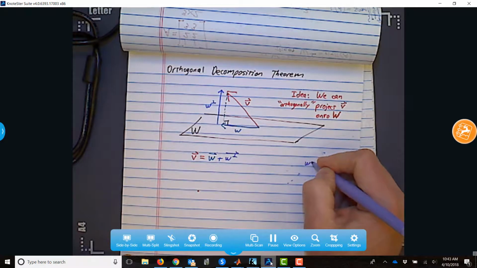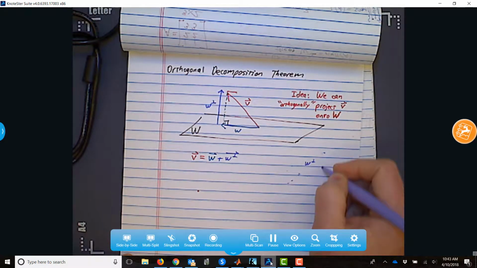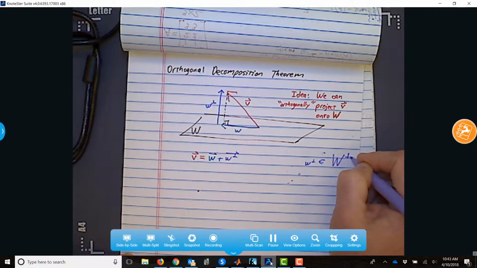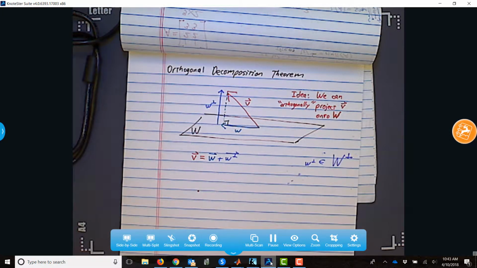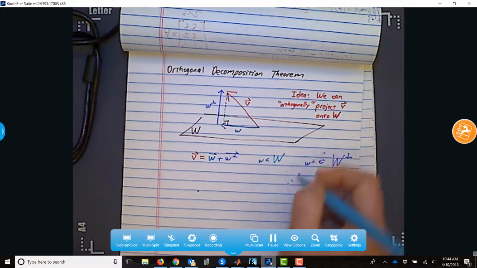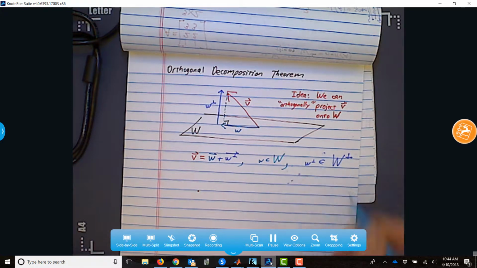Where does little w perp live? Well, it lives in big W perp. And little w lives in big W, in the subspace. So that's kind of the picture of the orthogonal decomposition theorem.